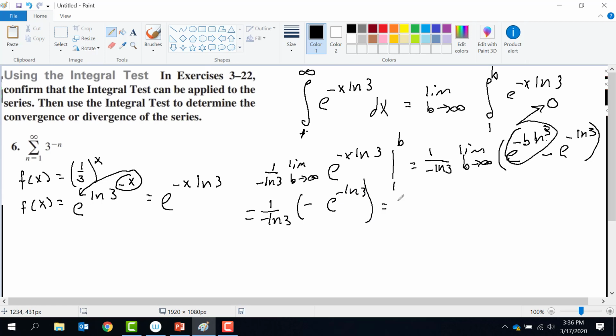That is going to be a positive number, and it's going to be finite, so therefore it converges. And therefore your series also converges. Again, it's easier to just notice that that is a geometric series, but you were told how to do the problem, so you had no choice.